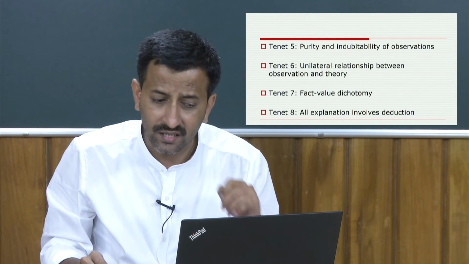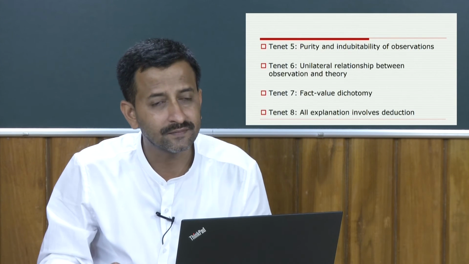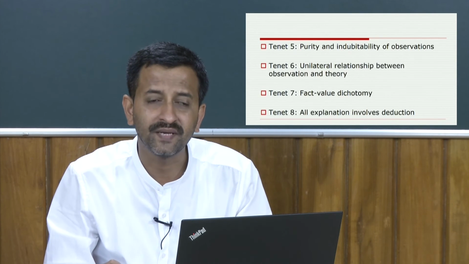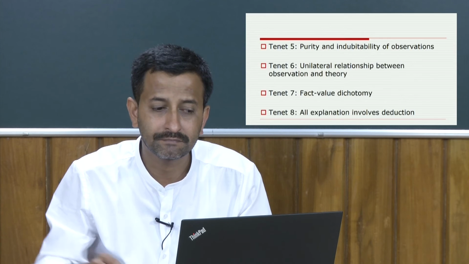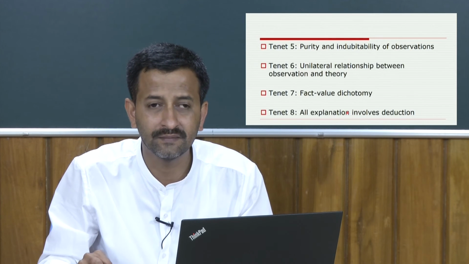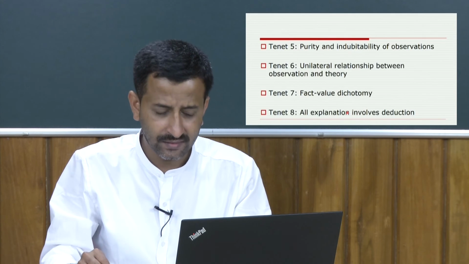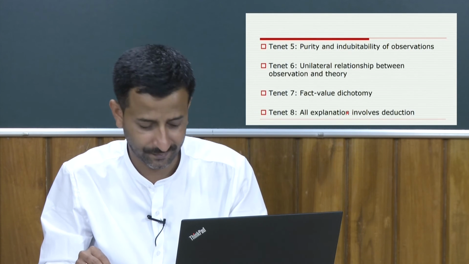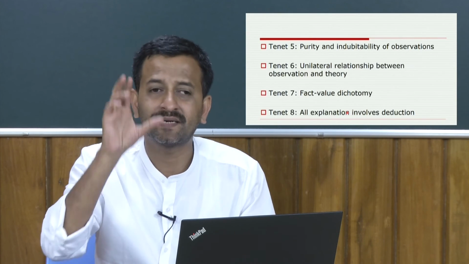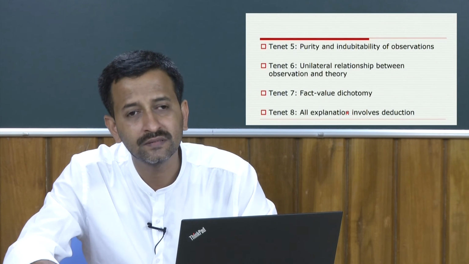When positivists argued that all explanation involves deduction, what does it mean? If you look at tenet number 8, it means that science must start with some kind of pattern. All scientific explanation must start with a pattern.